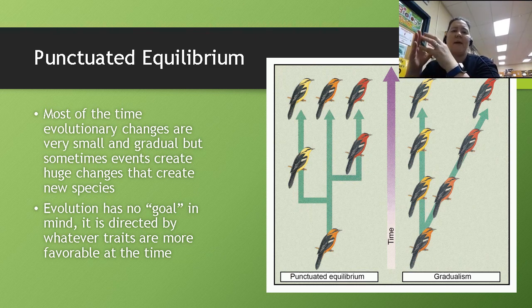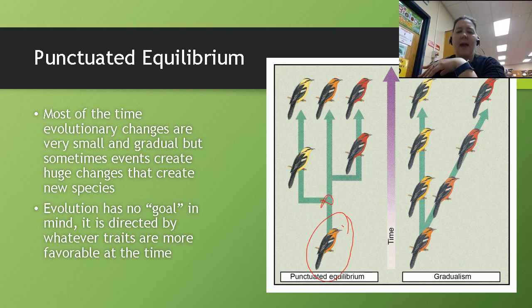So most of the time, evolutionary changes are gradual. They're very small, they're gradual, we have little bits and pieces, but every once in a while there are events that create new species and huge changes over time, and generally that results in what's called punctuated equilibrium. So in this, you see, we start with an orange bird.